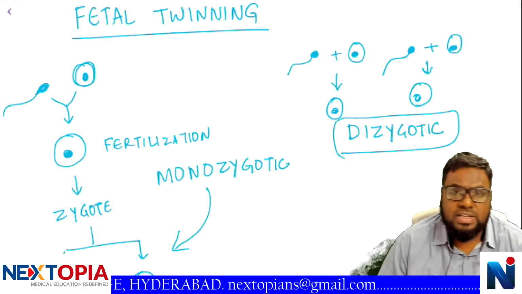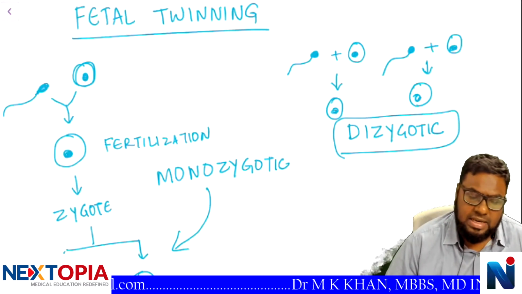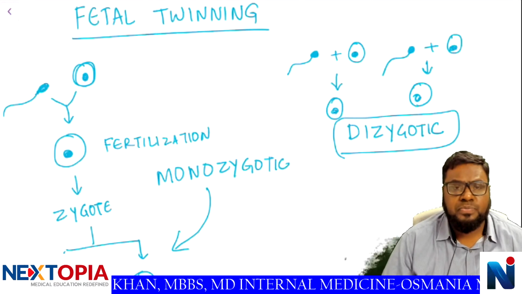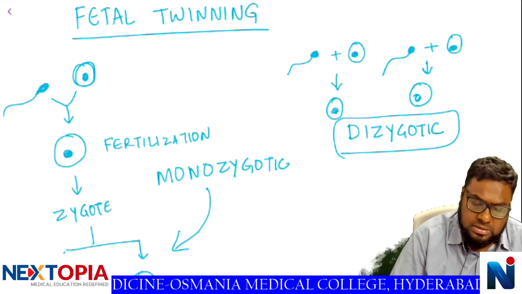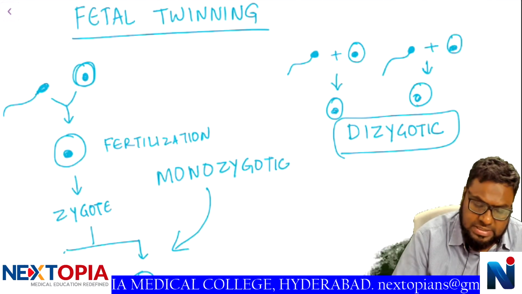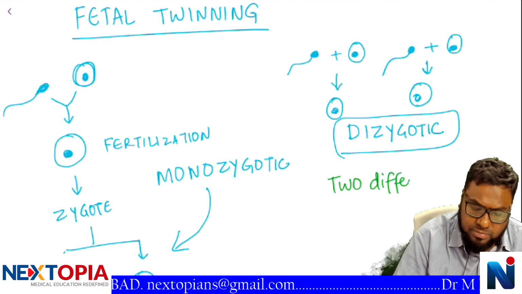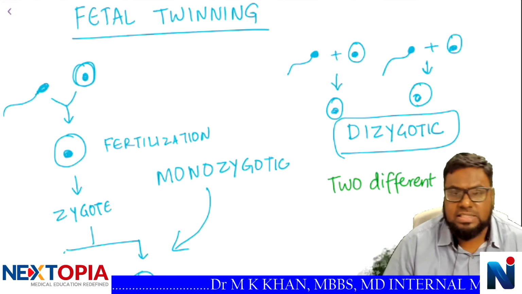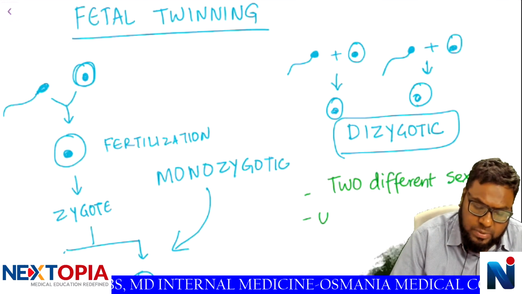All right. With two separate zygotes and two separate fertilizations, the fetuses may have two different sexes. So one male, one female, something like that. Two different sexes of the fetus is possible. Next, they are non-identical twins.